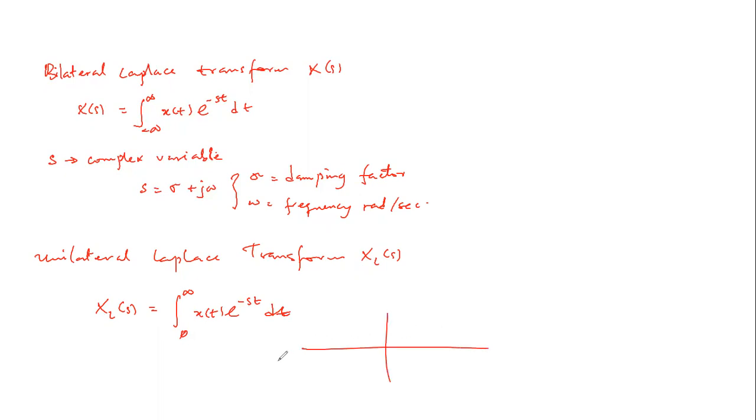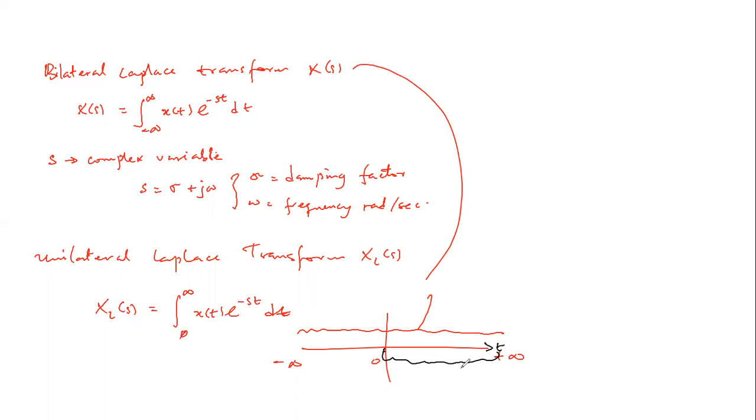So going on the plane, negative infinity to 0 to positive infinity. It means that should we consider the entire range of time, then we'll be dealing with the bilateral. Now, what if we decide to consider the duration at time t equal to 0 to positive infinity, then we'll be dealing with the unilateral Laplace transform. Good.